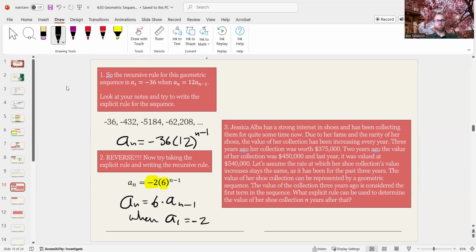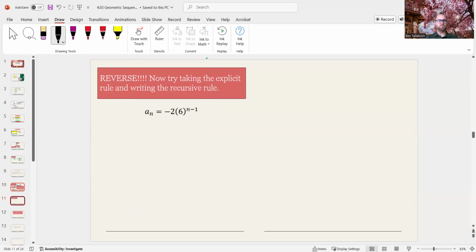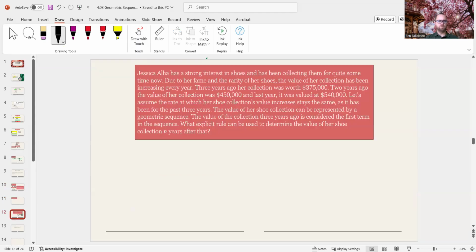And now time for a real life problem. Let me see if, yes, I have it here with more room. So let's do it. Jessica Alba has a strong interest in shoes and has been collecting them for quite some time now.